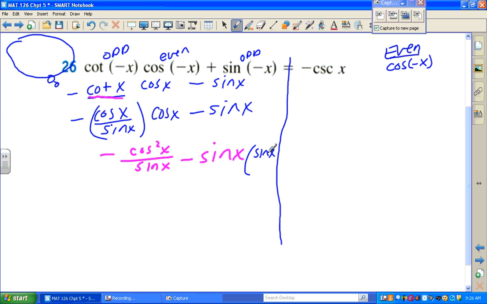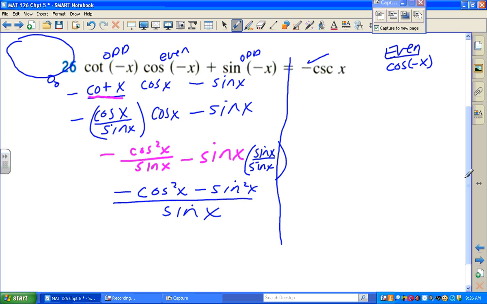Sine over sine. Hey, you can check. I got a negative in my answer right there. All right. Cosine squared. What is sine times sine? So you have negative cosine squared minus sine squared over sine of x.